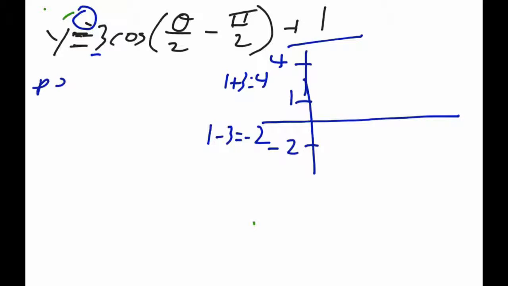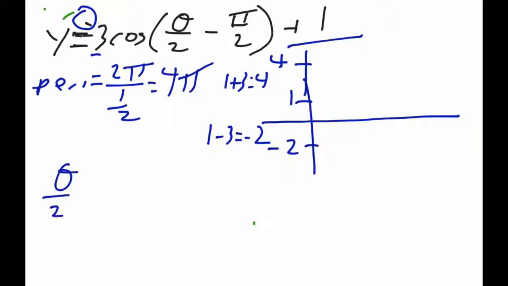So for my period, we have 2 pi divided by 1/2, which equals 4 pi. And theta over 2 minus pi over 2 equals 0. So I can find out where I'm going to start this cycle.